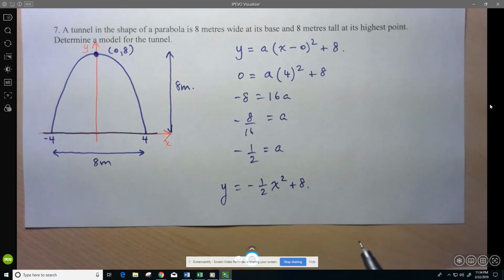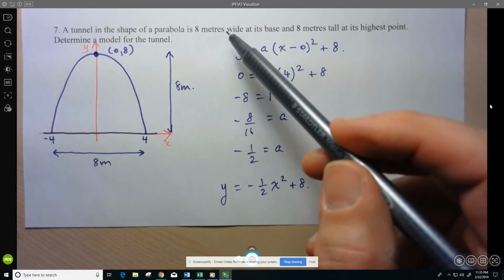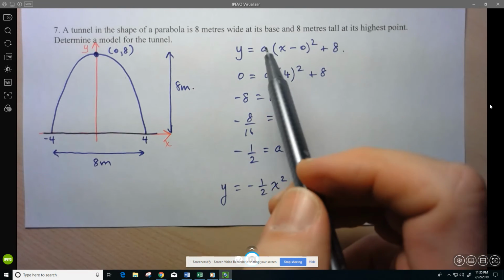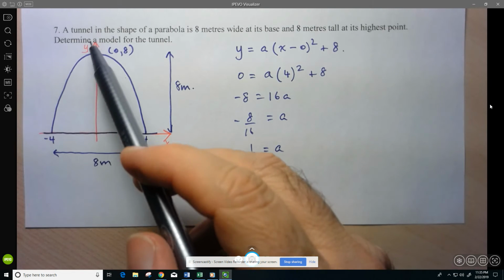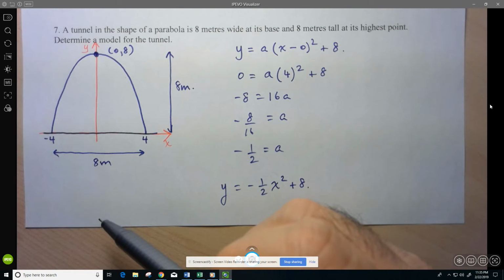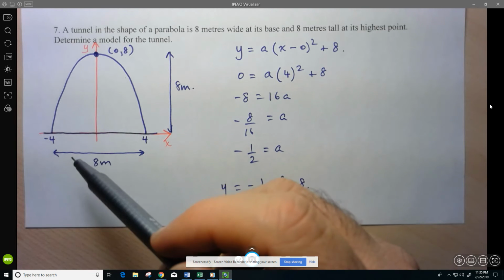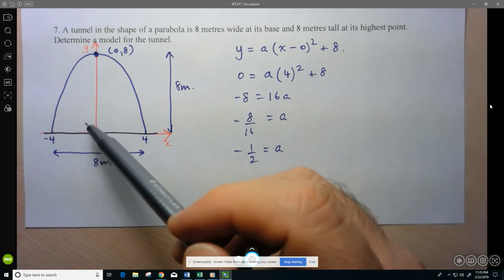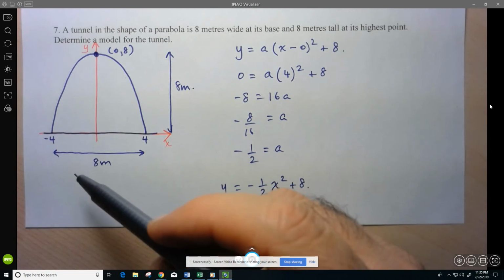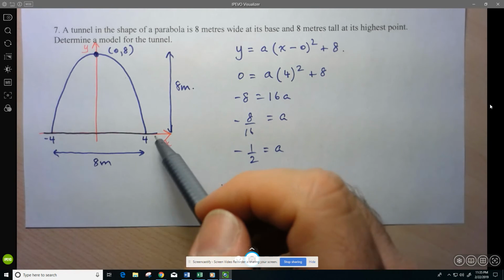All right, so there we have it. Steps for solving this problem: since it's a physical problem, draw a picture. But if I want to come up with an equation, this picture has to have a Cartesian plane overlaid on it. So I reasoned out that an easy place to put the y-axis would be right down the middle, make it our axis of symmetry, and the x-axis would just represent the ground.